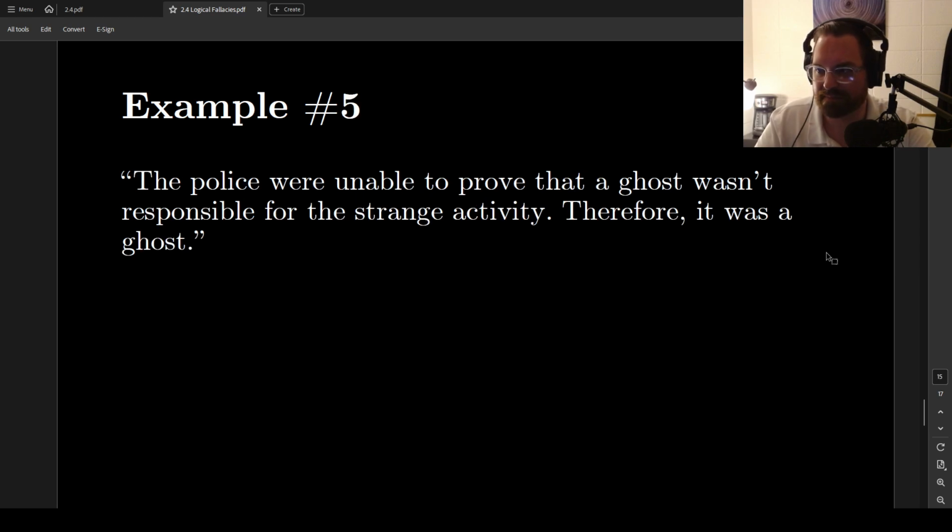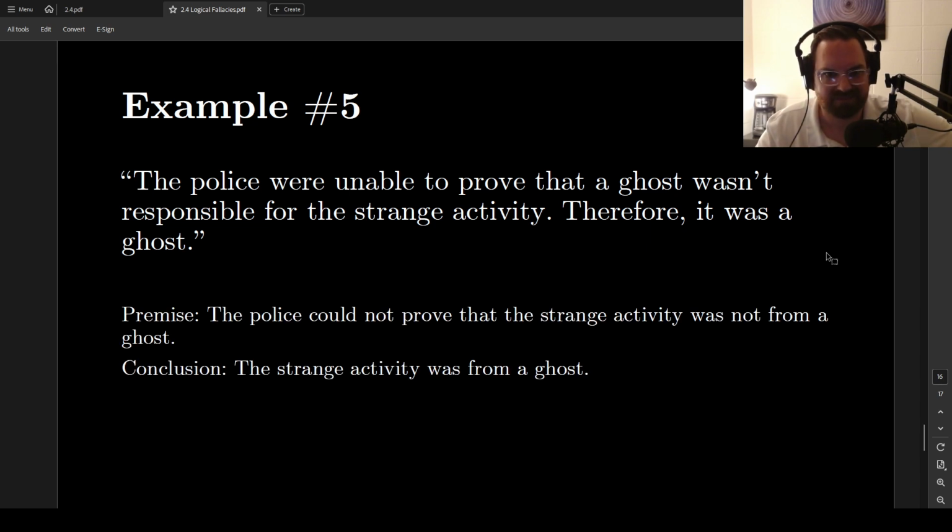All right, next one. The police were unable to prove that a ghost wasn't responsible for the strange activity. Therefore, it was a ghost. Okay, wow. Big logical leap. An inability to prove one thing does not necessarily mean that it proves something else.